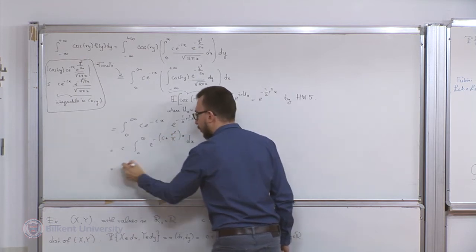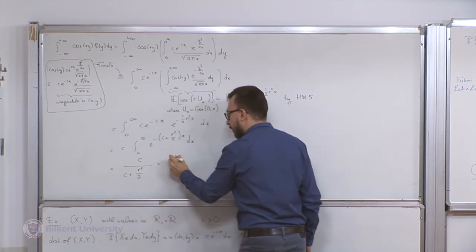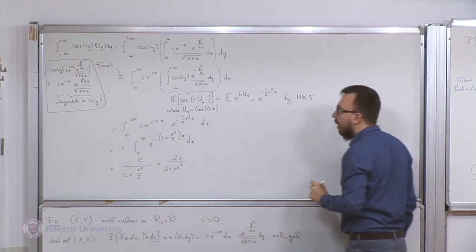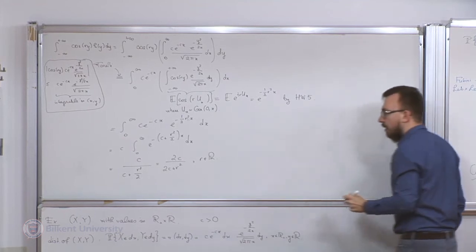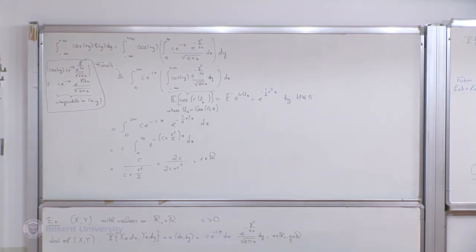So this is c over c plus r squared over 2, which gives us 2c over 2c plus r squared for all r in the real line. So we calculated the Fourier transform of this random variable y.